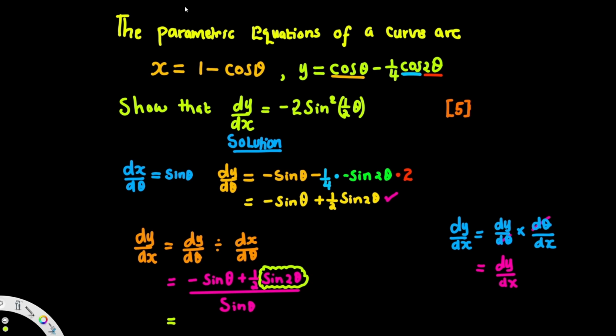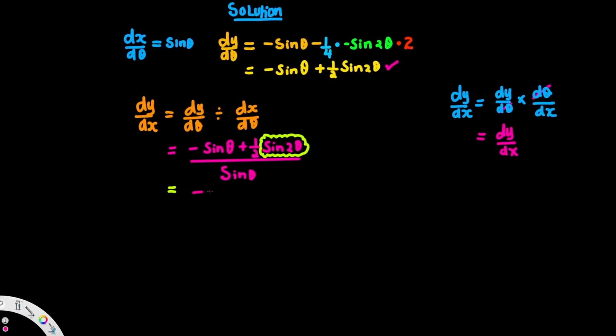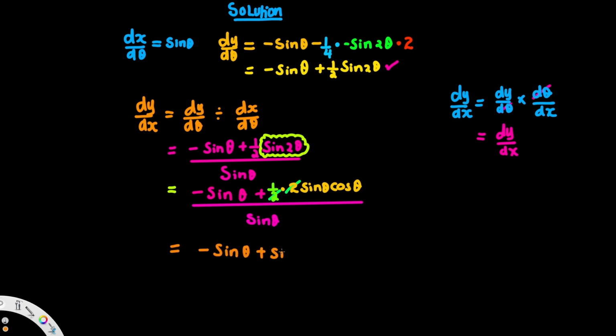So this is going to reduce to minus sine theta plus a half of 2 sine theta cos theta, all divided by sine theta. If you cancel sine theta, and simplify this further, we are left with cos theta minus 1.